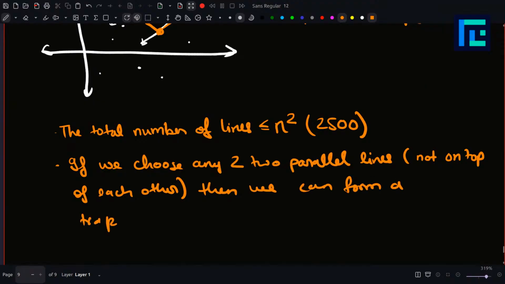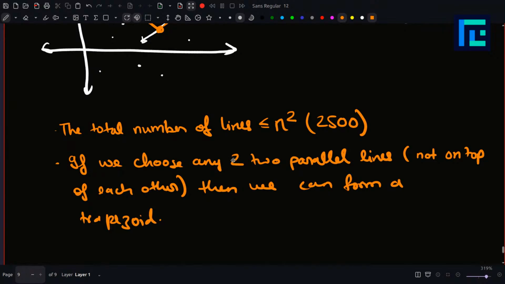So basically, we need to find how many pairs of lines there are such that they are parallel, okay?